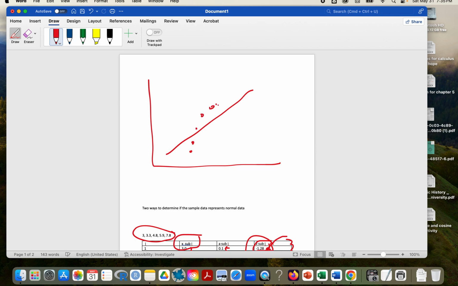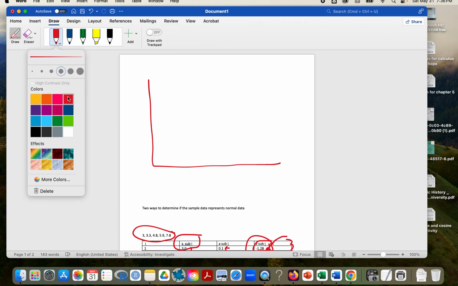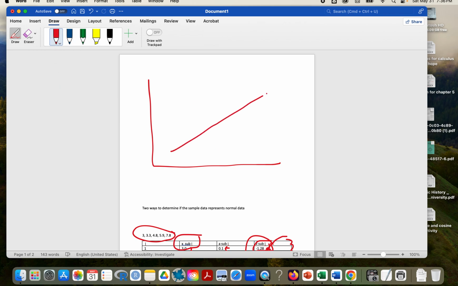That's a bad sign, a good indication that something is not normal. If you end up with spiraling, probably not normal. Any type of patterning is a bad thing. You can have a little bit, but we tend to be concerned if there is much patterning or spiraling. We tend not to like stuff to tail off in one direction or another at the ends. In the middle, you want it to hang in.